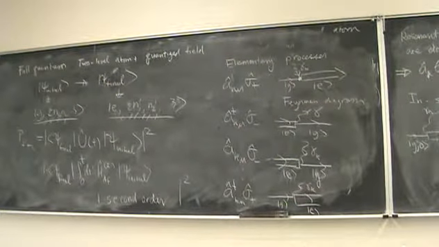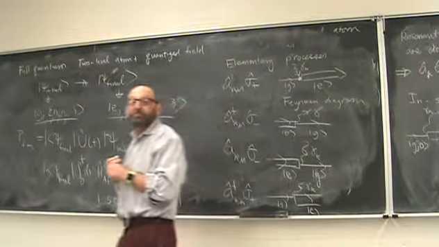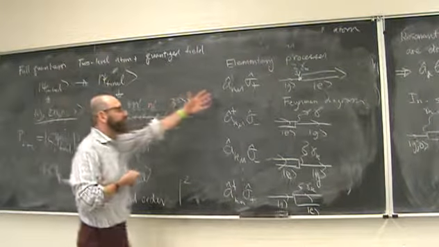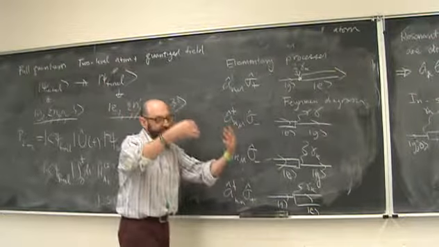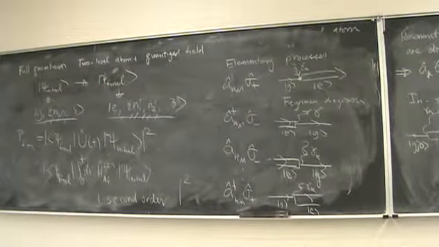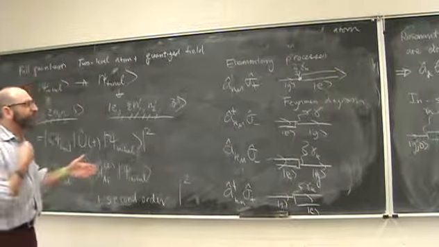Whether you want to associate physical reality to these processes, maybe. But it's a way of thinking about calculating dynamics, and particularly calculating scattering cross-sections, which is what high-energy physicists only ever measure in their colliders.